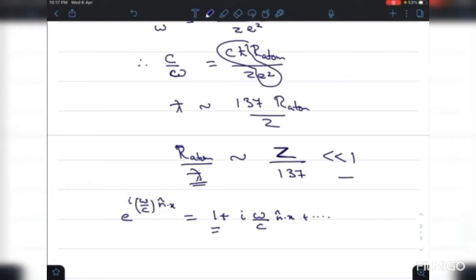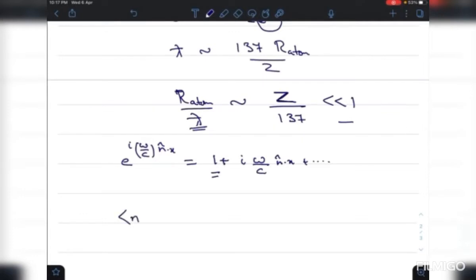So now, going back to our monochromatic field of plane wave, there you can see that we had the term n e raised to i omega by c n dot x, minus n dot x epsilon dot p i. Okay, so this is what we had seen.